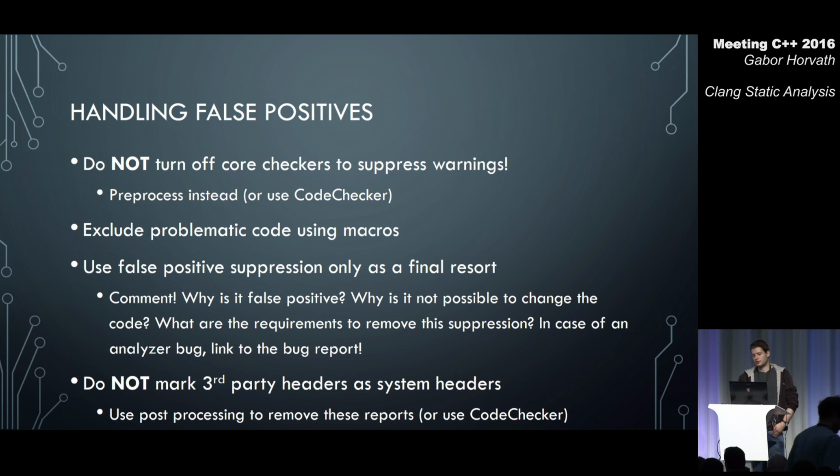And basically, because the standard library, especially the C standard library used by Windows, is a bit different from the one used on other platforms, there might be cases where the Clang static analyzer is not as precise on Windows as on Linux or Mac.